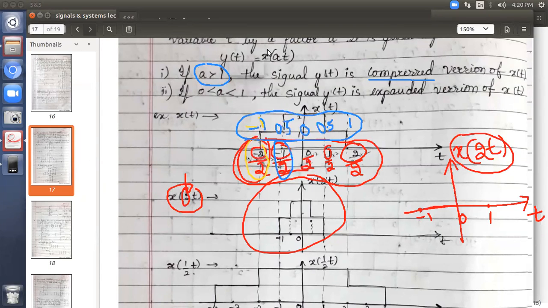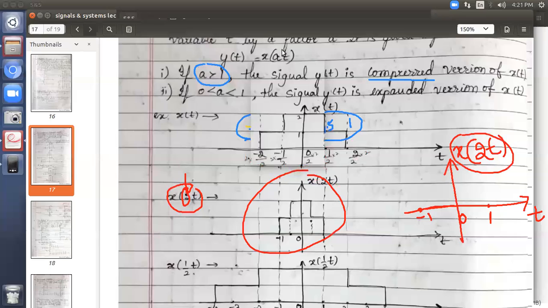Now, let me erase this part. What is the amplitude between -2 to -1? Between -2 to -1, the amplitude is 1. This is the given signal, right? So that will exist now between -1 to -0.5. Whatever amplitude exists between these 2 points, -2 to -1, a 1 unit difference, is now between -1 and -0.5.